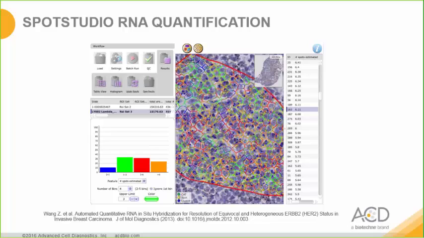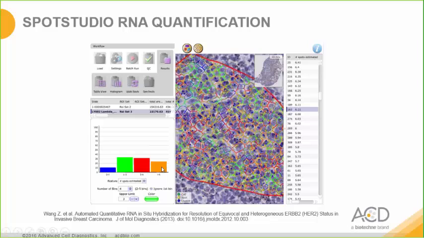In this situation, blue for cells with 0 to 1 dot, green for cells with 1 to 3 dots, red for cells with 3 to 6 dots, and orange for cells with greater than 6 dots.